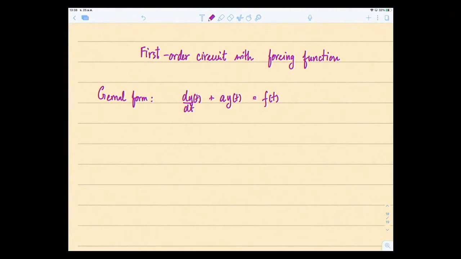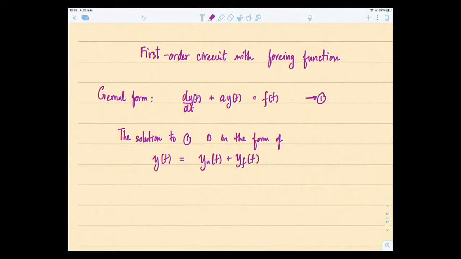If you have this form of equation, the solution is in the form of y(t) equal to yn(t) plus yf(t), where yn(t) is the solution to the homogeneous equation, which means dy/dt plus ay equal to 0.